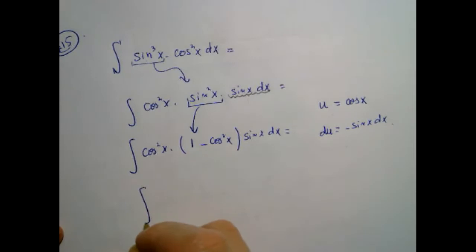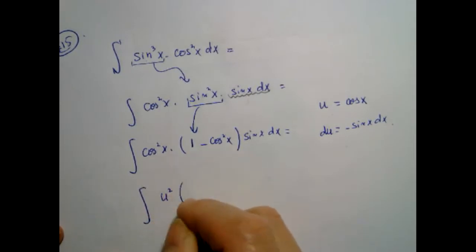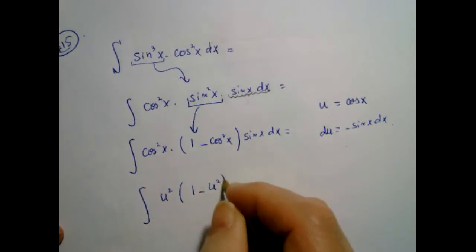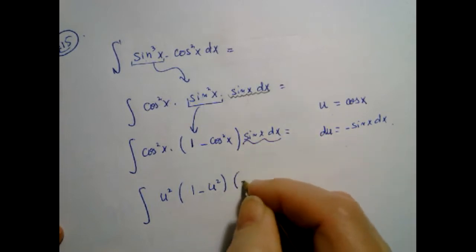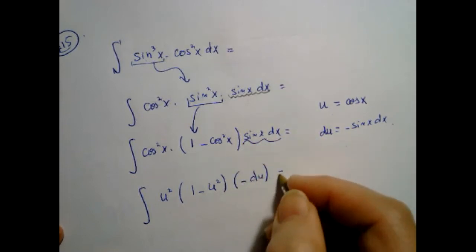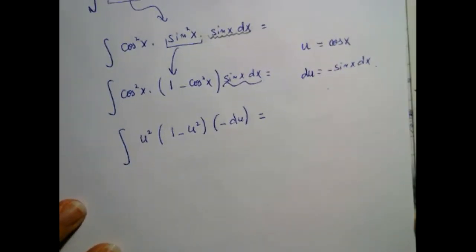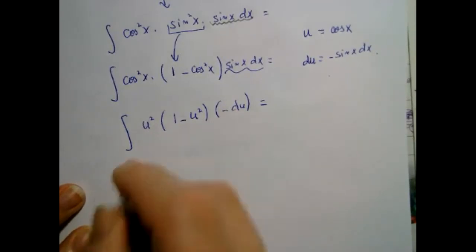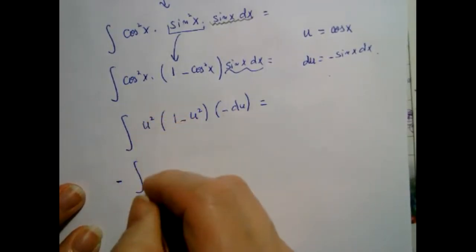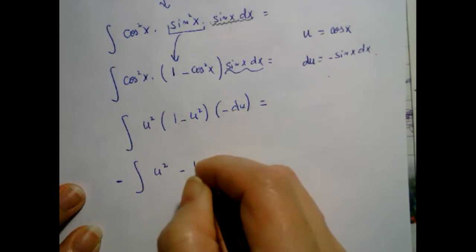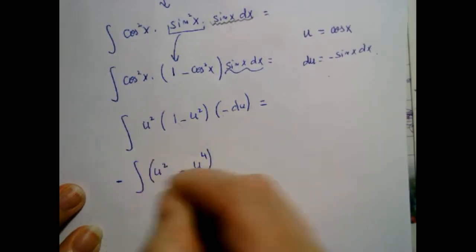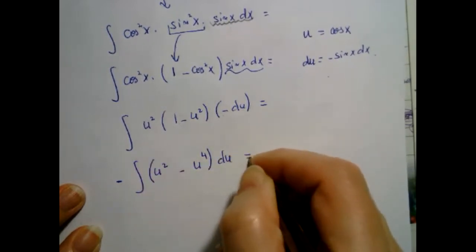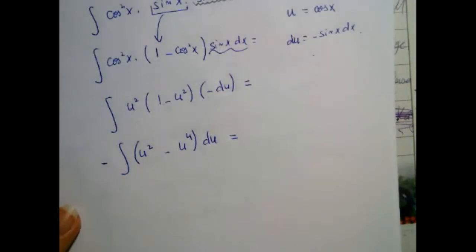And now we are absolutely ready. That's u squared, 1 minus u squared, and this is minus du. Because it's a constant, we don't worry about it. Yes, so this is a constant, it will go out, and I will have u squared minus u to the power 4 du. Okay, and now it's simple.